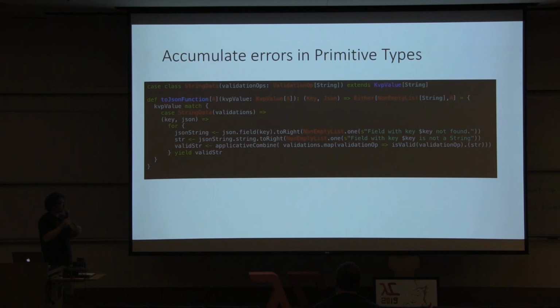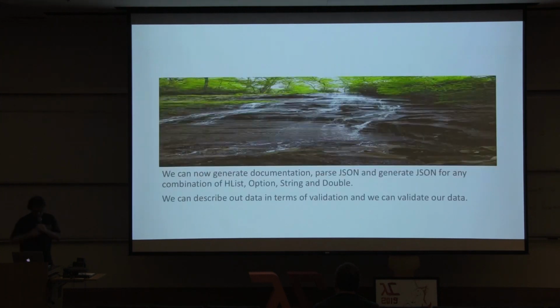We pass it through all of our validations. If they pass all of our validations, we can return a right containing the string. If they don't pass the validations, we can return a left of string. And generally, don't use string for an error, but for this, I think we're good. Okay, so now we can do all the things we could before, and we can describe our data in terms of validation as well.